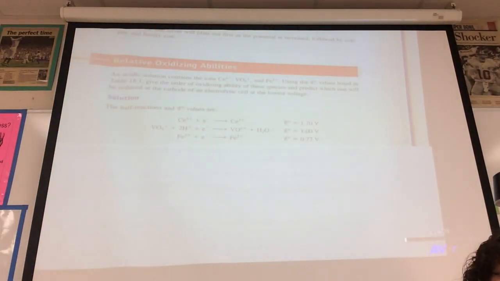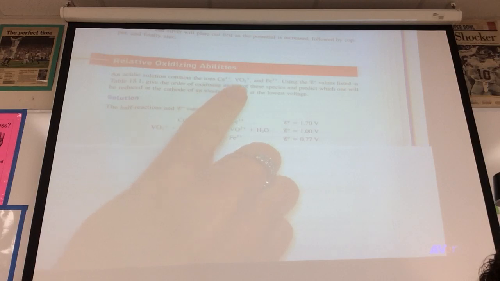It says an acidic solution contains the ions cerium 4, but it's an ion though.